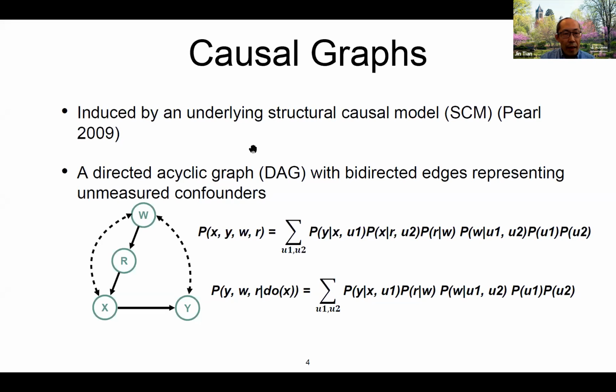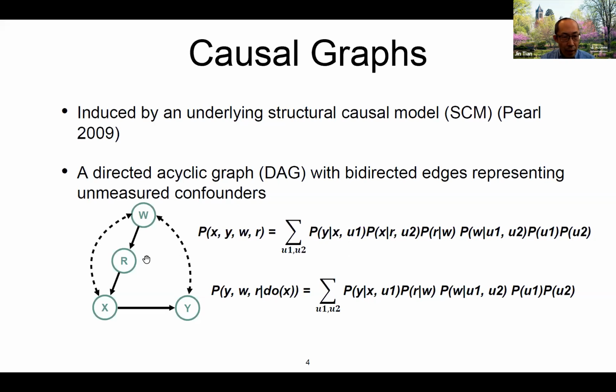A causal graph is a directed acyclic graph with bidirected edges. These bidirected edges represent unmeasured confounders. And the joint distribution will factorize according to the Markov properties of the graph.